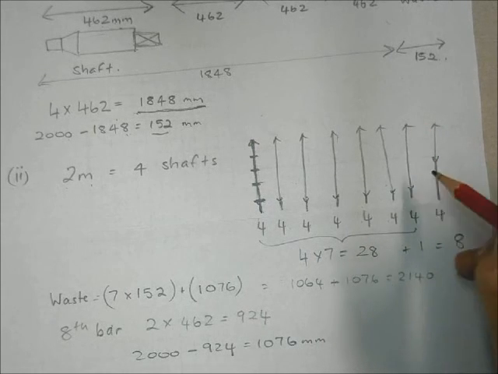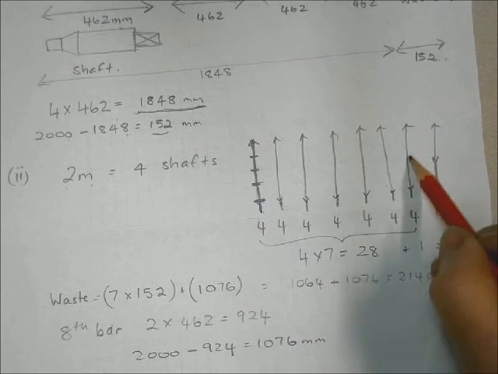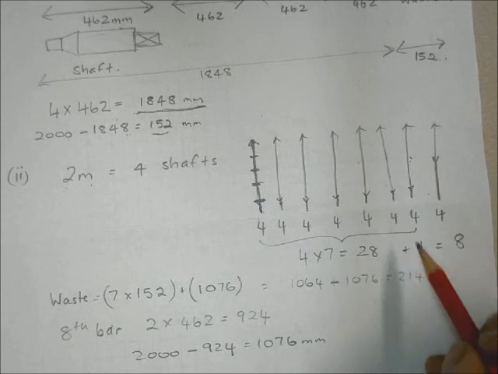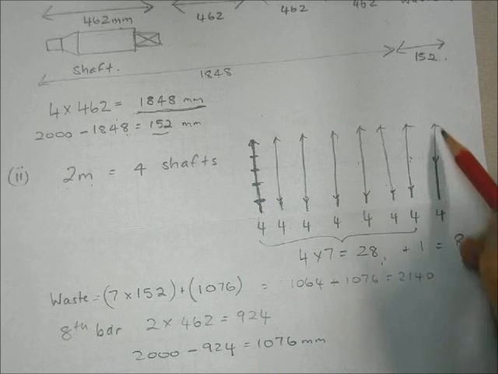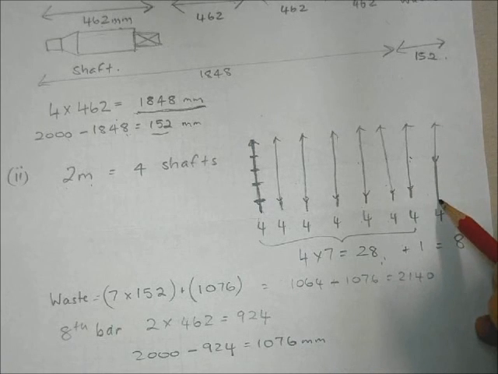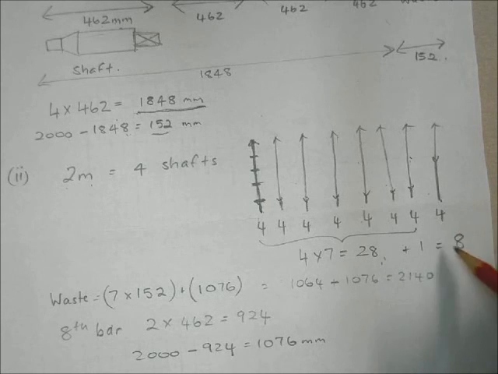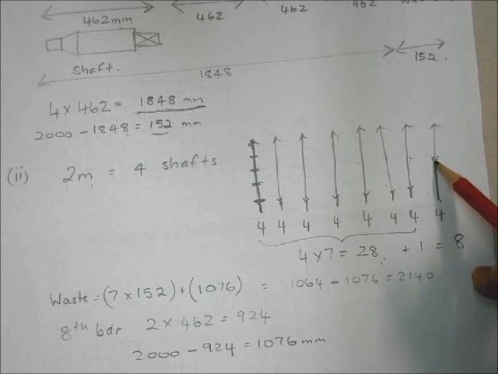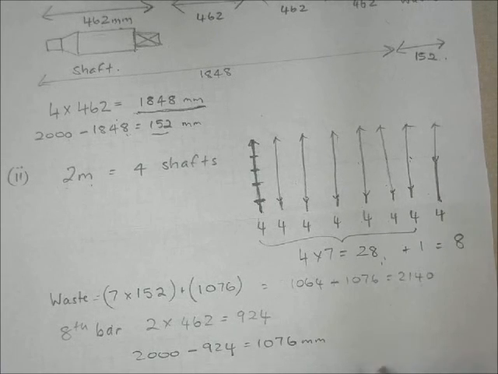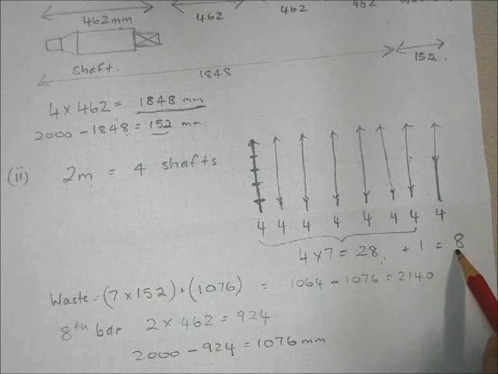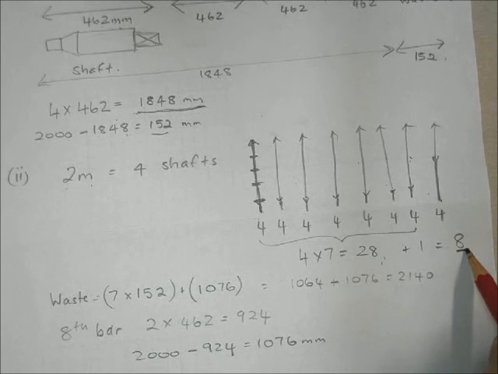We're almost there, aren't we? 7 of these, so 7 times 4 is 28, and we've got 2 more to make, so we need one more whole bar to make the last 2 shafts. So there's going to be more wastage on the last bar. Okay, so we need a total of 8 bars to make 30 shafts.